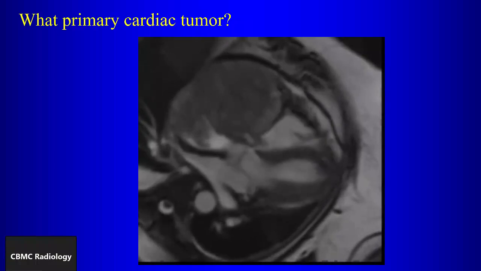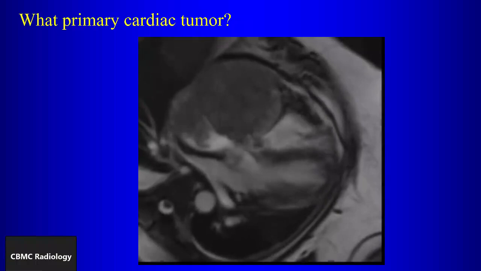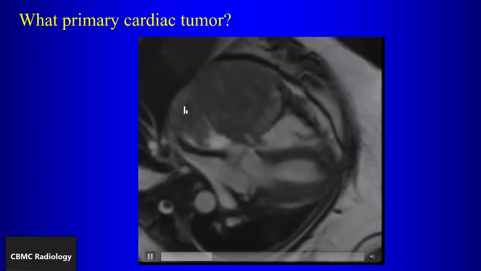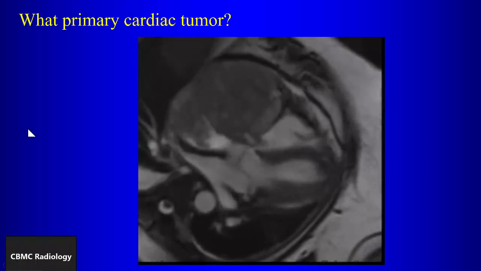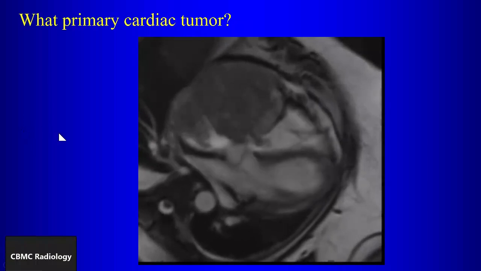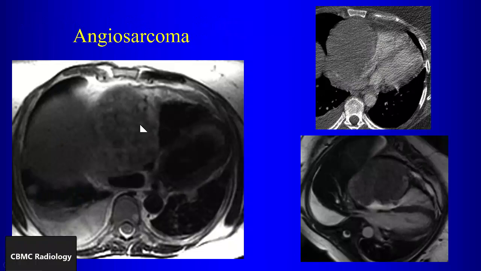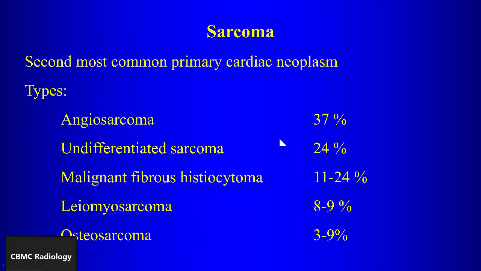The most common primary malignant cardiac tumor is angiosarcoma, and they tend to be right-sided. Right? So it's a right-sided malignant appearing, and we've told you it's a primary cardiac tumor. So angiosarcoma is what you would go with here. So malignant-looking tumor, right-sided, like that. Of the sarcomas, there are different ones, but angiosarcoma is the most common, so you always see angiosarcoma first, especially if it's a right-sided tumor.